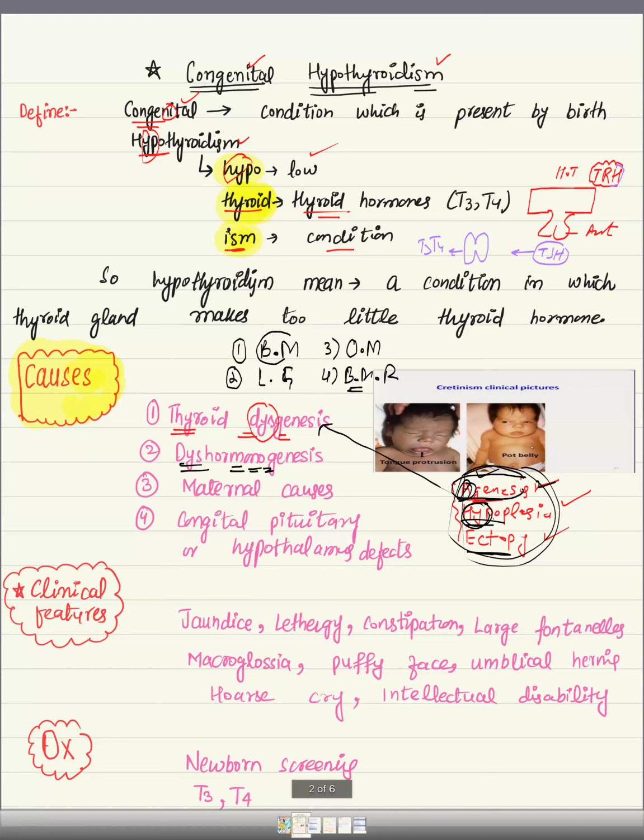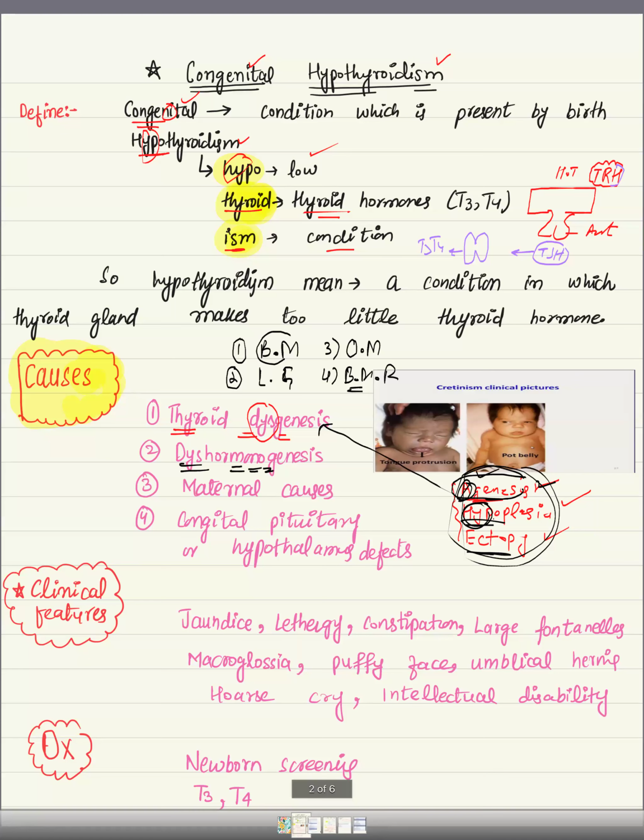Suppose they give you a question: a female came to you suffering from hypothyroidism, and she was taking these kinds of drugs when she was pregnant, but the baby born to her is suffering from congenital hypothyroidism. So what are the drugs that female might be taking?